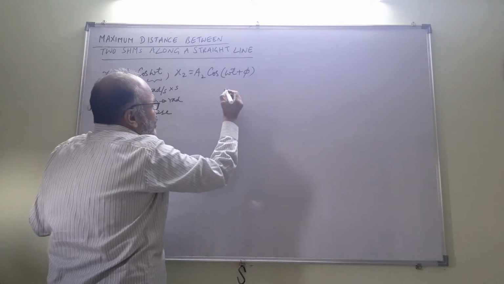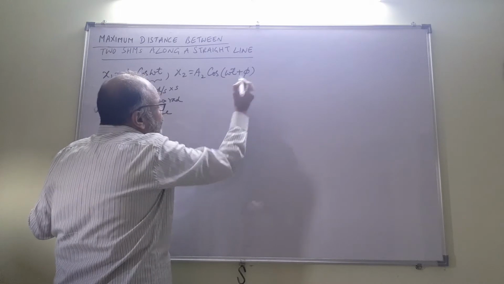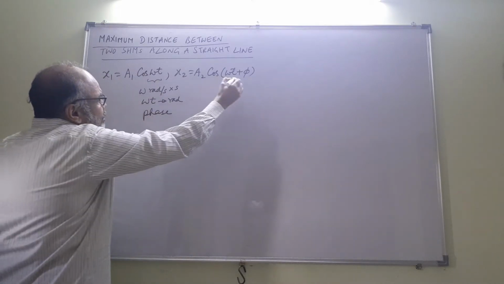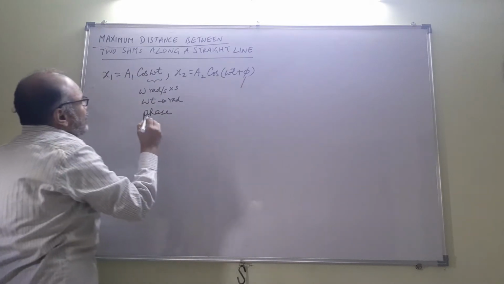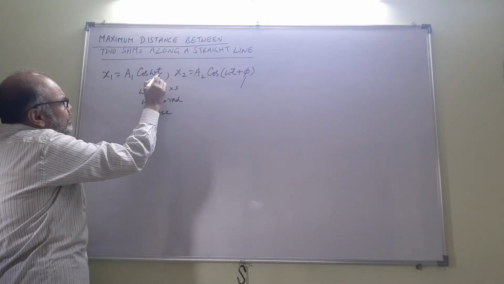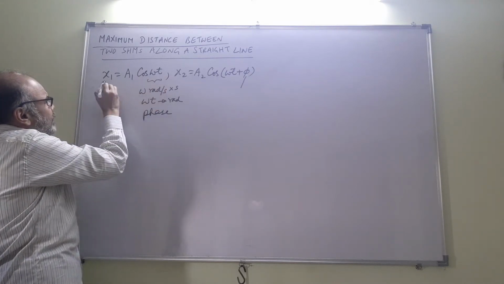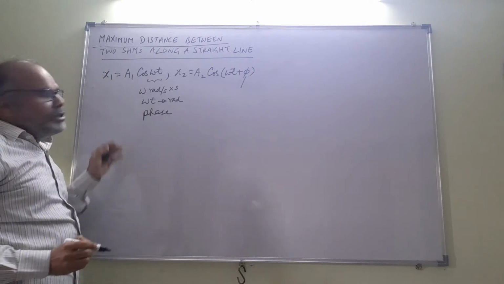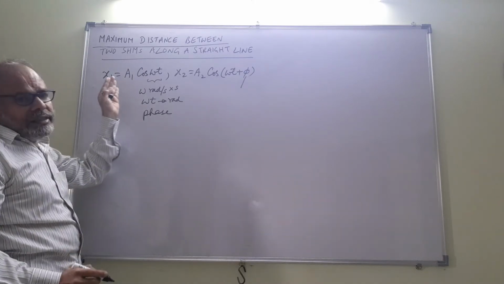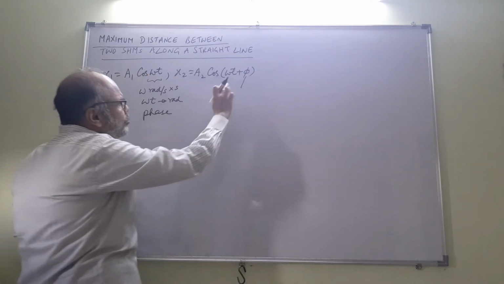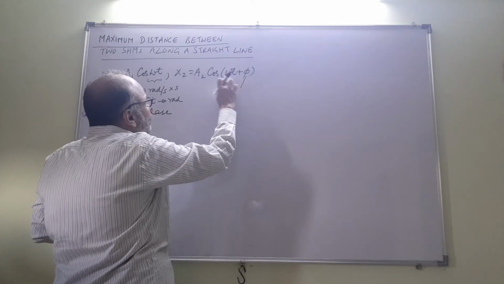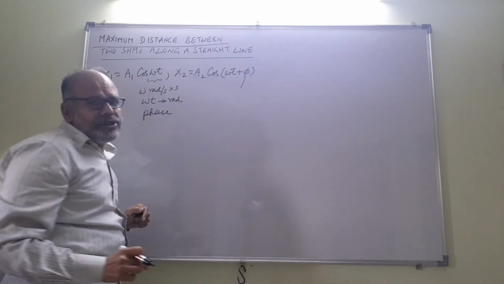Here, if you see the phase, there is a term phi. Let us try to understand what this phi is. At t equal to 0, cos 0 is 1, so x1 is equal to a1. This particle is at the extreme position. But if you put t equal to 0 here, this particle is not at the extreme position.